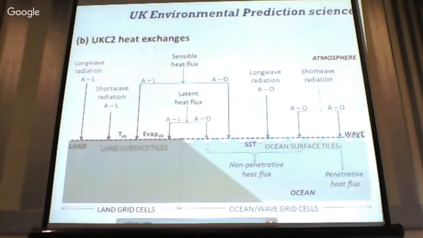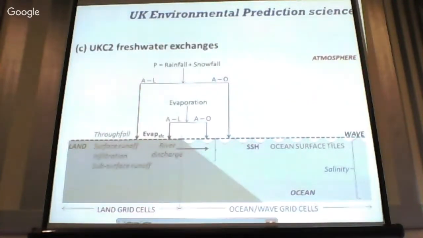We're interested in the partitioning of the heat budget across the sea surface temperature interface, and then the land interface. In a sense, this is a more well-developed activity and problem through the land surface-atmosphere coupling. And then finally, the water cycle approach and how fresh water is exchanged and cycled through the system.